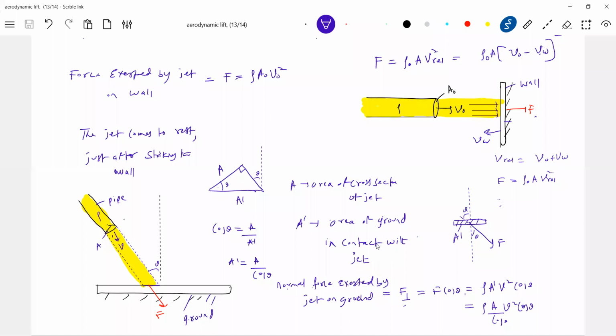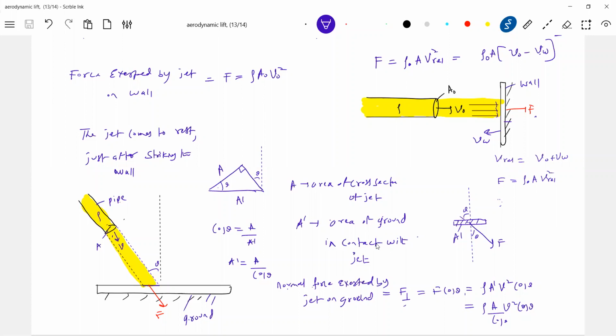Again, look at the velocity parameter. Even the velocity should be oriented normally, no? So here, is it justified writing only V or V square cos theta?